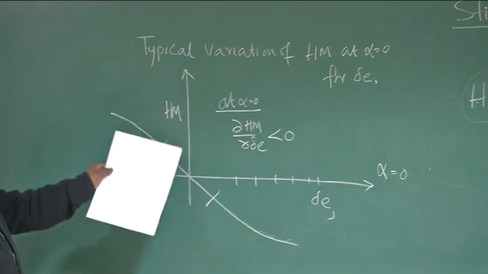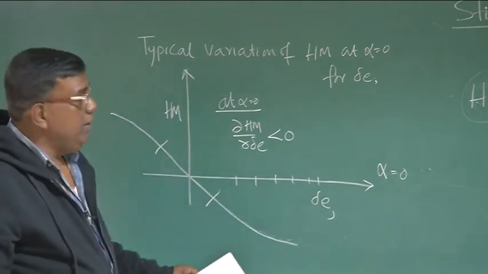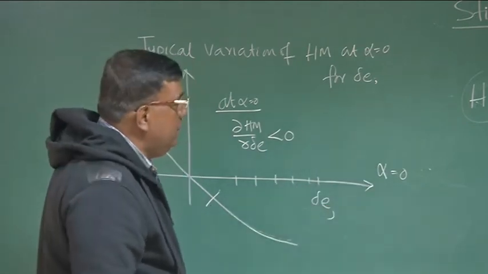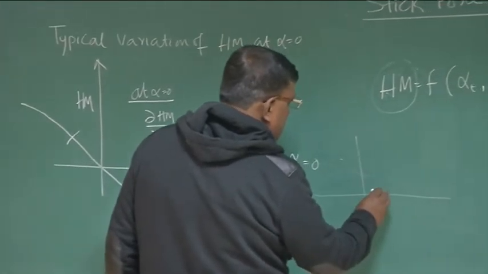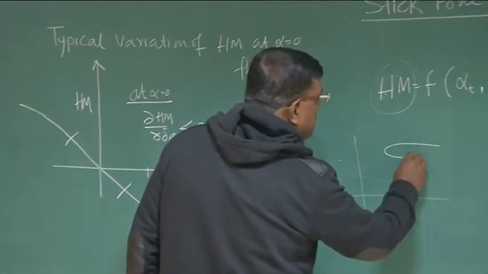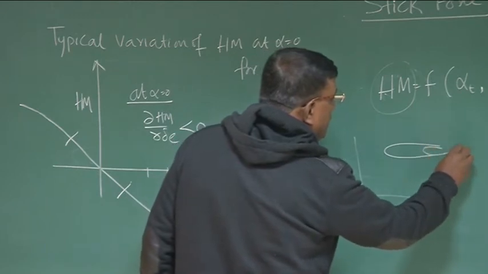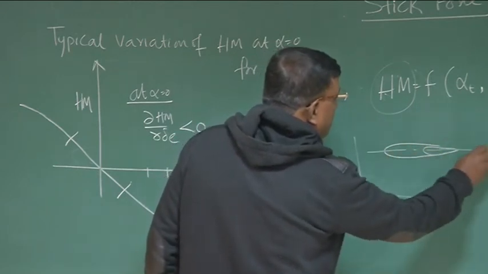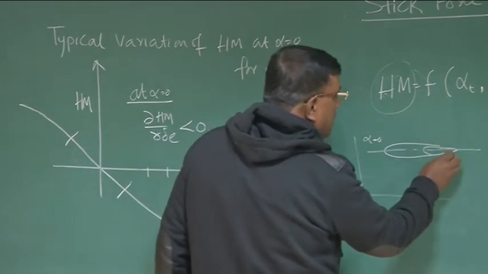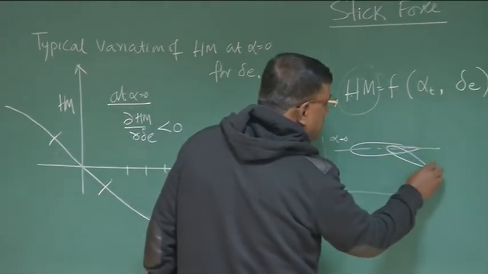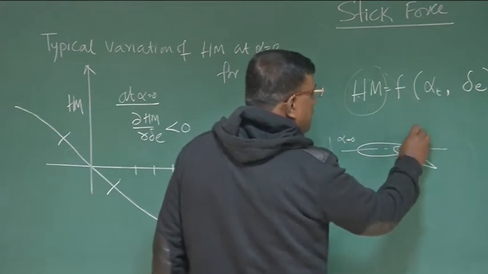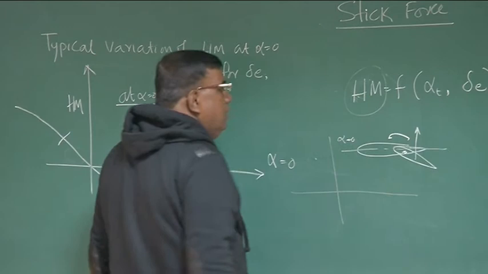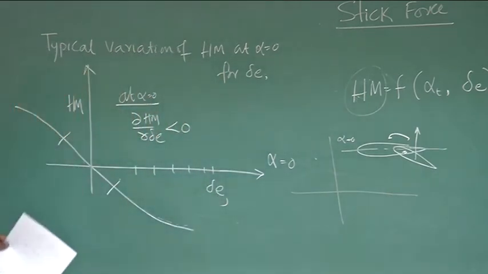This is the nature of hinge moment generated by elevator deflection at alpha equal to 0, which you can physically see. If I draw it like this, and this is your elevator, I am keeping alpha equal to 0, I am putting elevator deflection positive. The moment I put elevator deflection positive, I know hinge line is here, resultant force is here, which will give me a nose down moment. So indeed the slope should be negative, right?